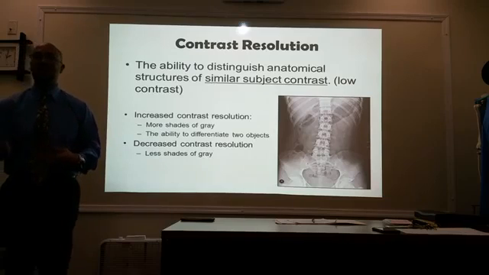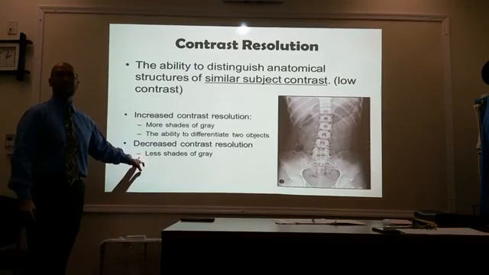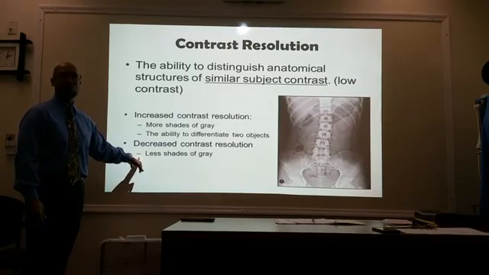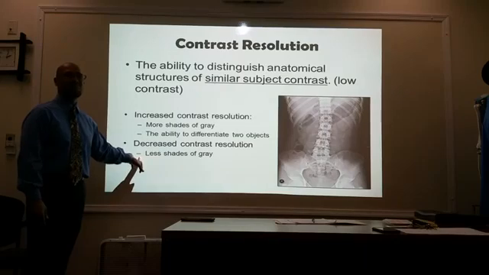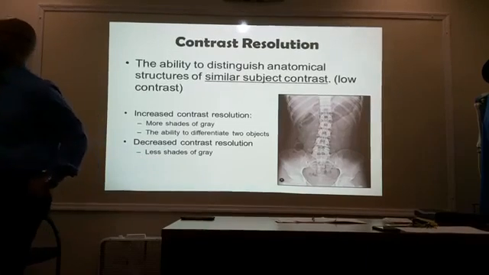If I don't have a lot of grays, this is what I have. Now it's more problematic to delineate those similar structures. Low contrast resolution. I'm going to let that soak in for a little bit.